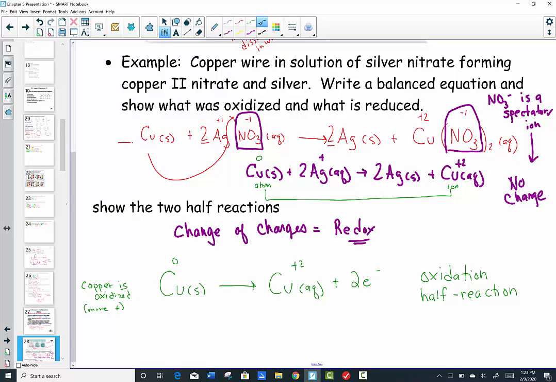Now let's see what happened to the silver. Notice the silver started with a positive charge. It then gained electrons to form the atom of silver. Gaining electrons, notice I'm just keeping the electrons lost equal to the electrons gained.